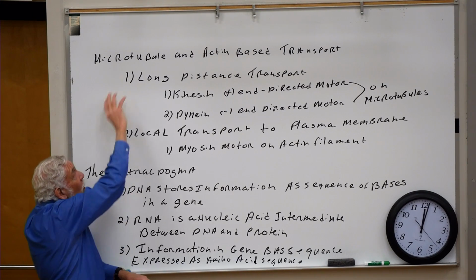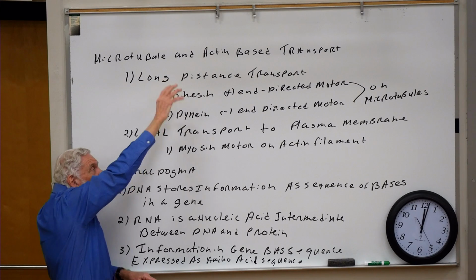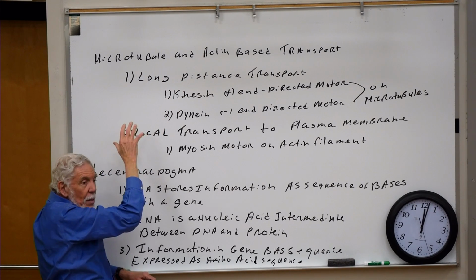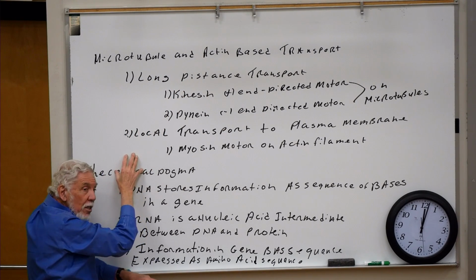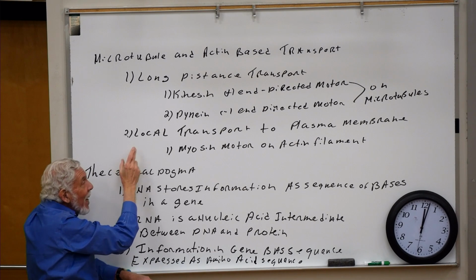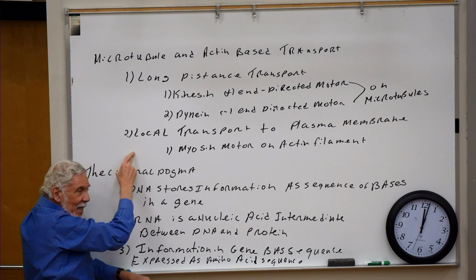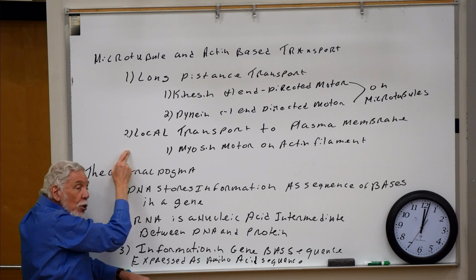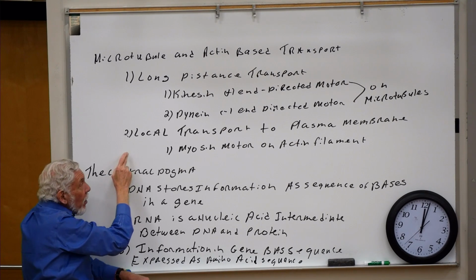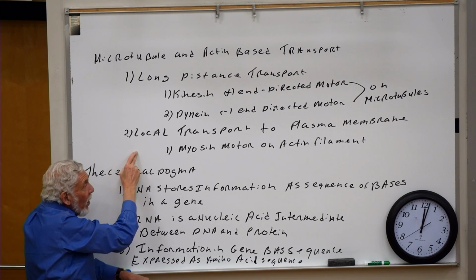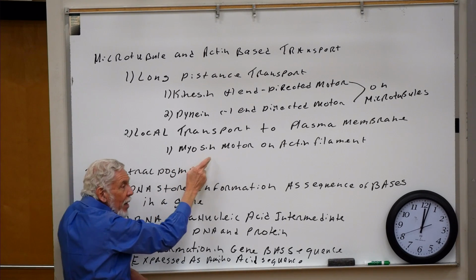We'll see that not only are microtubules the basis of transport, but there's also another substrate along which we can move things, and this is going to be filamentous actin. But the filamentous actin is going to use a different motor. The motor that's going to move on filamentous actin will be myosin.